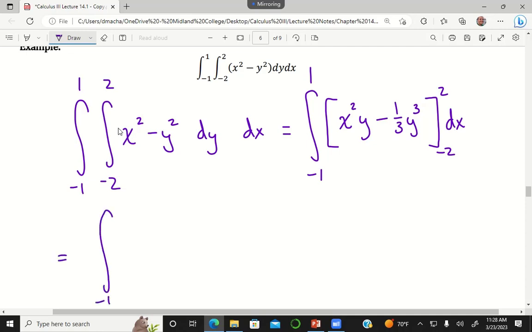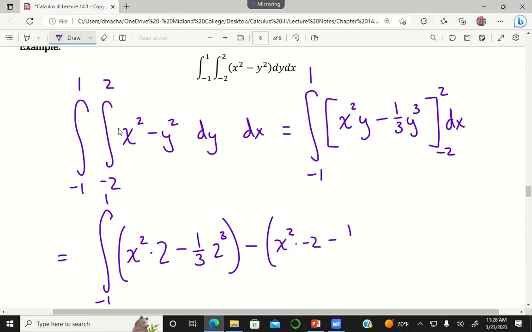So this will be the integral from -1 to 1 of x squared times 2 minus 1/3 times 2 cubed, minus x squared times -2 minus 1/3 times -2 cubed, dx.